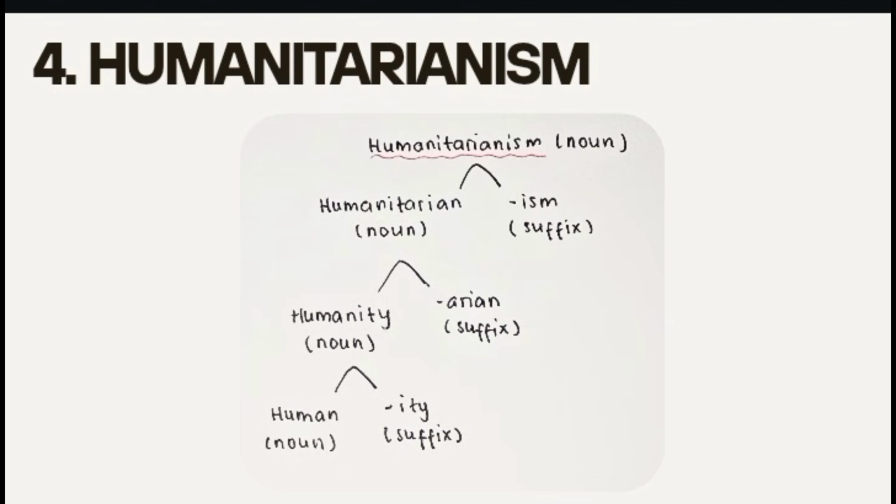Finally, we add the suffix ism, which creates the noun humanitarianism, referring to a belief or system. All these suffixes are derivational because they create new meanings and sometimes change the word's nuance at each level. This is a great example of how a single root can grow into a very long, specific academic term.